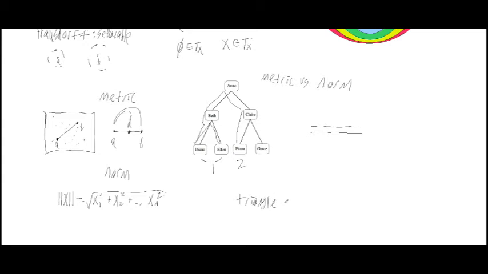The triangle inequality is essentially the idea that if we have a right triangle with one side A, one B, and one C, then the length of C is less than or equal to the sum of the lengths of A and B. If A plus B is equal to C, that gives us a straight line, because you have to keep bending this down further and further until you get a straight line.